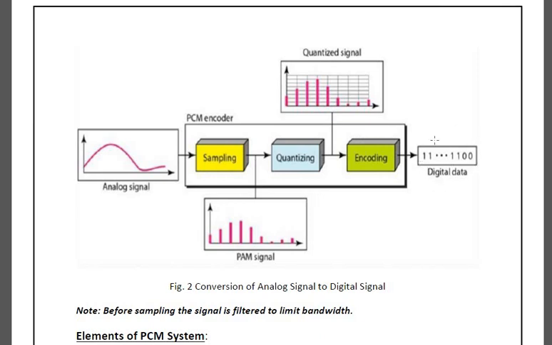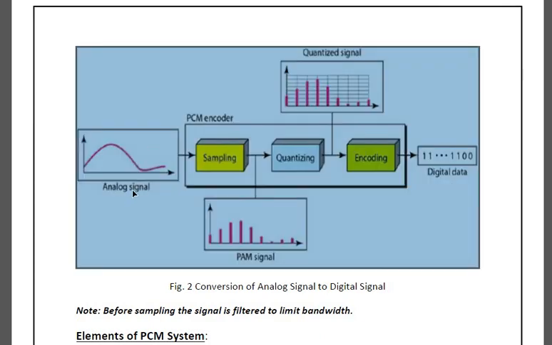So you will be getting your digital data in terms of ones and zeros. Whatever quantized signal you have got, we assign values of zeros and ones to it. You are allocating digital codes in the discrete bit stream form, and your output will be ones and zeros. So this is how your analog signal is converted into a digital signal, right?